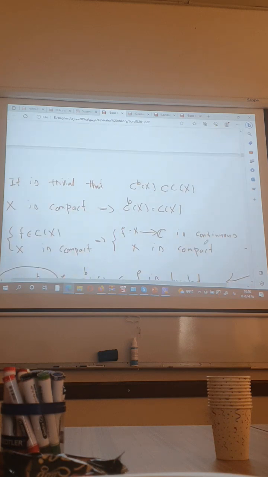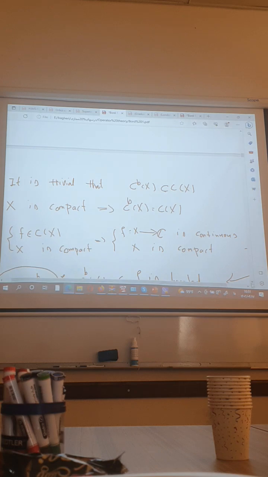It is trivial that C_B(X) is a subset of C(X), the bounded elements of C(X). But if X is compact, then C_B(X) equals C(X). Because if f is a continuous function and X is compact, f must be bounded.